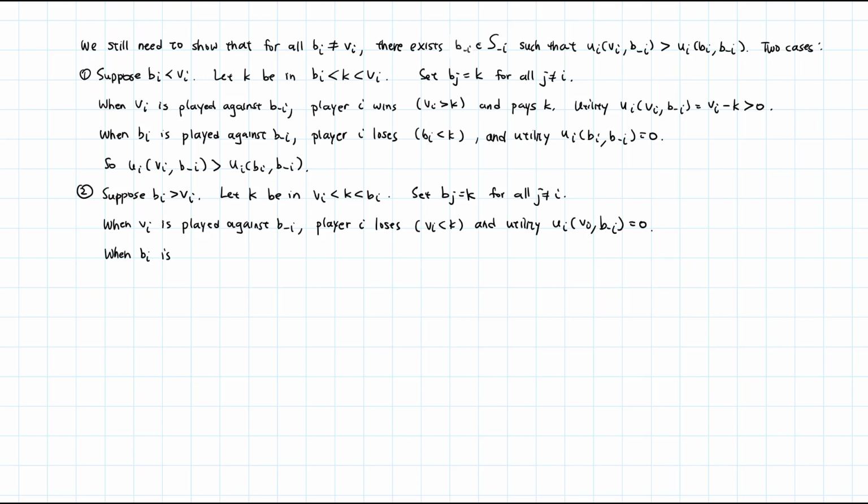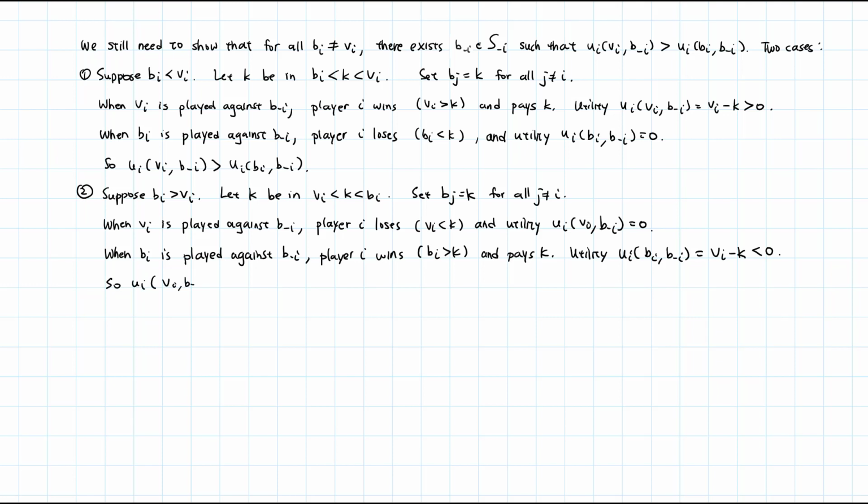But when BI is played against B-I, player I wins because BI is greater than k and pays k. The utility now is VI minus k, which is negative. So the utility of playing VI is strictly greater than the utility of playing BI. And therefore, playing VI is a weakly dominating strategy, and that completes our proof.